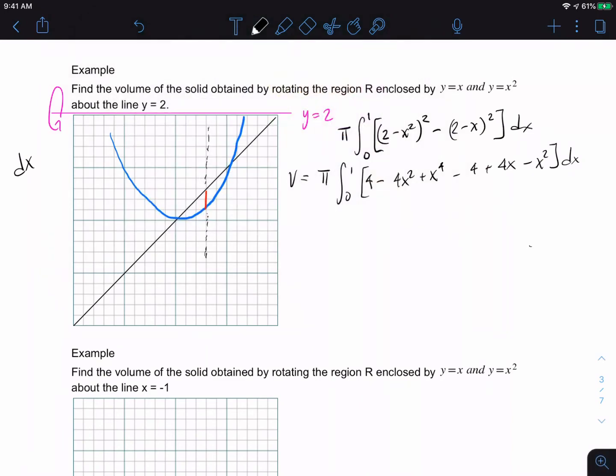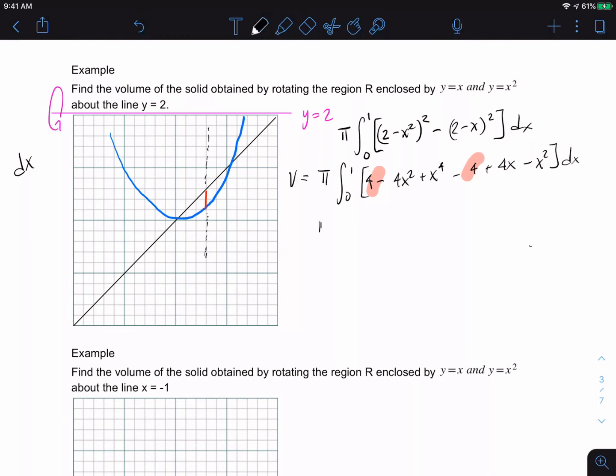Okay. So now let's see if we can eliminate some things, because that might be possible. It looks like 4 can go with 4. And then there's just a combination.